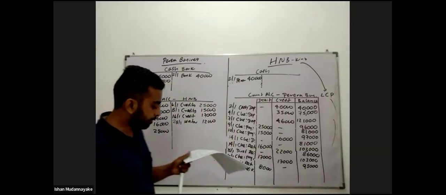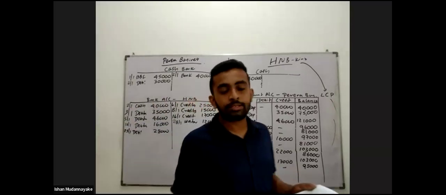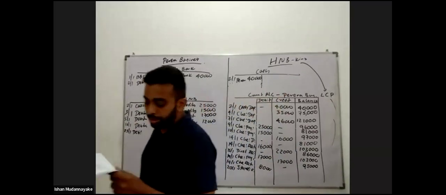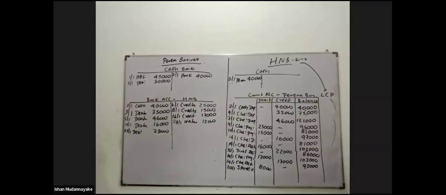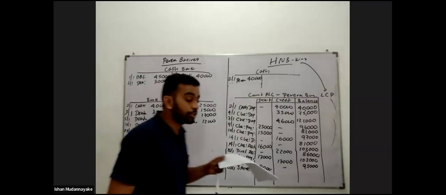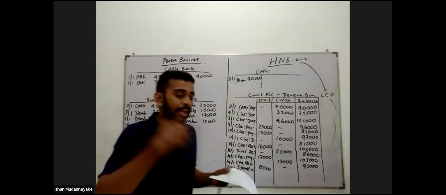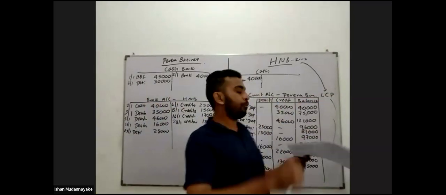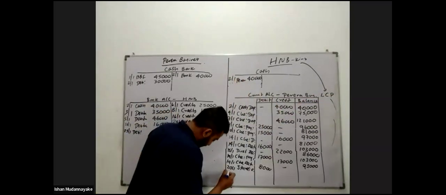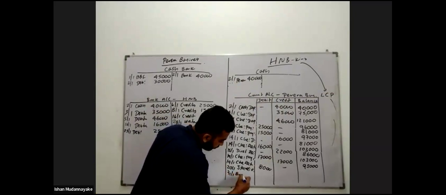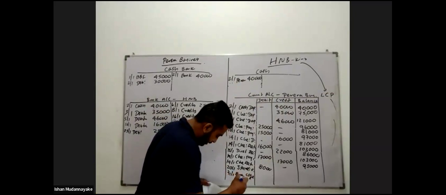Right, my last transaction. Look at the last transaction. 31st January, bank charges debited by the bank, 2,570. The bank deducts 2,570 from our bank account because the bank manages our cash.